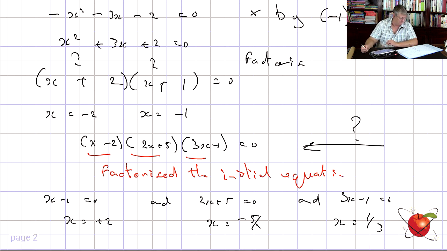Right? Like so. So what we do there is we say, okay, we've got those answers for our problem. Now, what I want to show you is this.